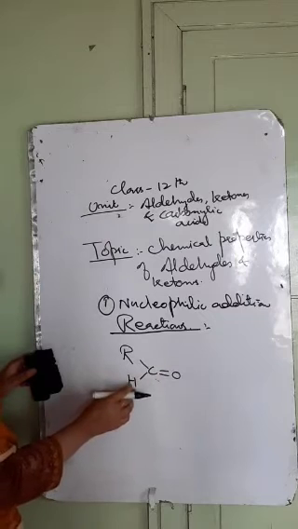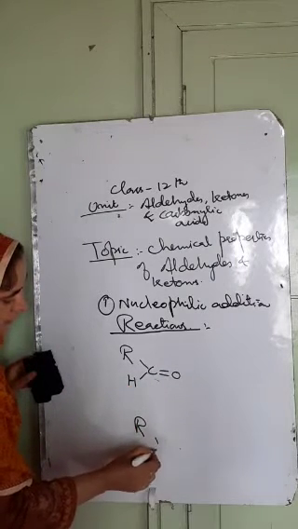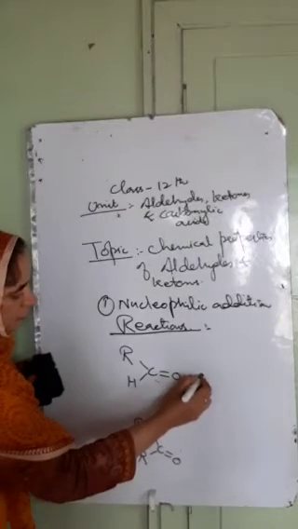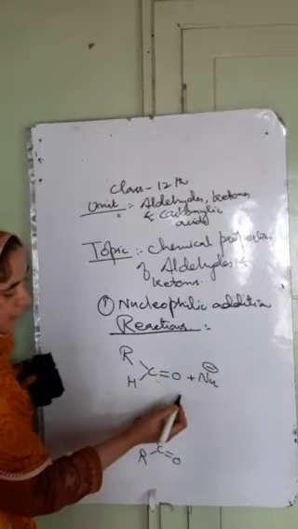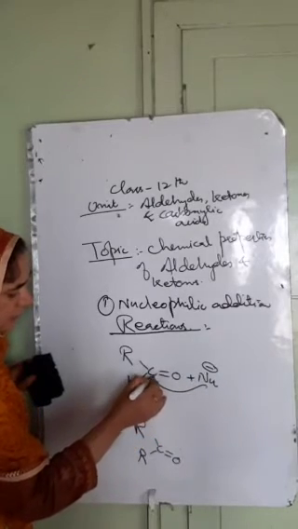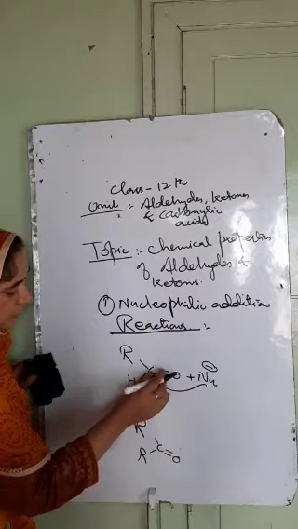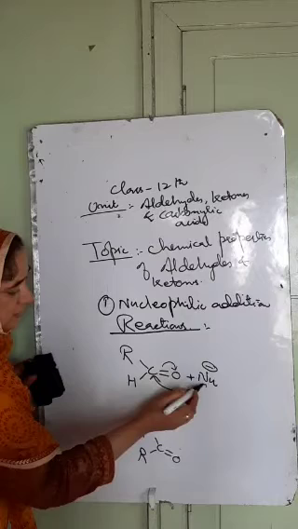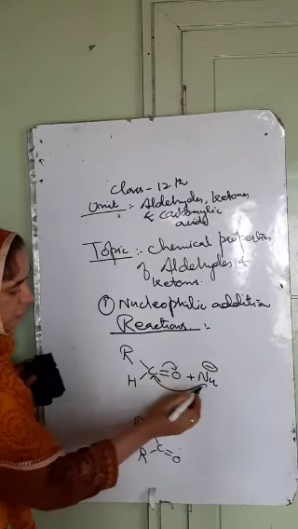In case of ketones, we have the R and C=O, and we say that they undergo nucleophilic addition reactions. So here the nucleophile comes, which is negatively charged, and it attacks the carbon here, and the pi electrons get displaced towards the oxygen. With the result, the nucleophile forms a bond with the carbon, and we have the negative charge on the oxygen.